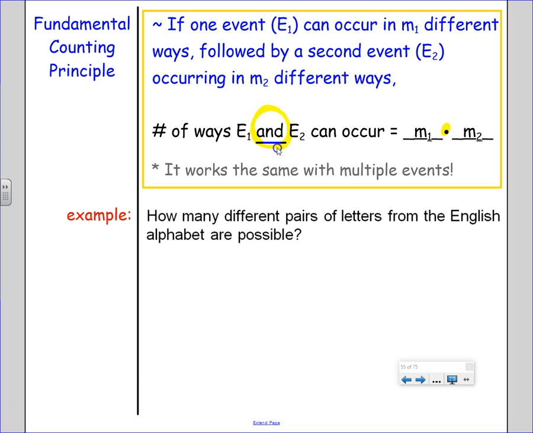The same exact principle would occur if you also had an event 3 happening, times M3, and event 4 happening, times M4, etc. The fundamental counting principle. The number of ways event 1 and event 2 can occur. And even when we get to probabilities and stuff as well, and will always be paired with multiplication.